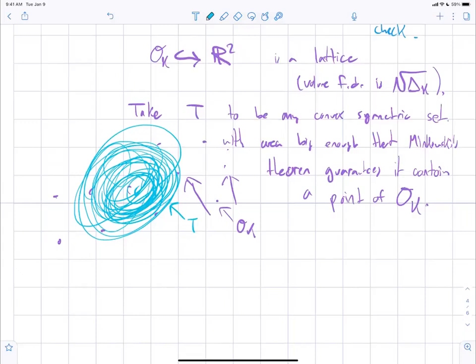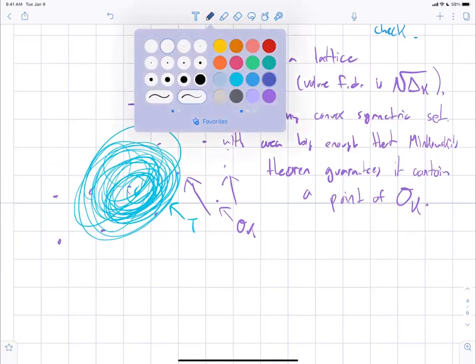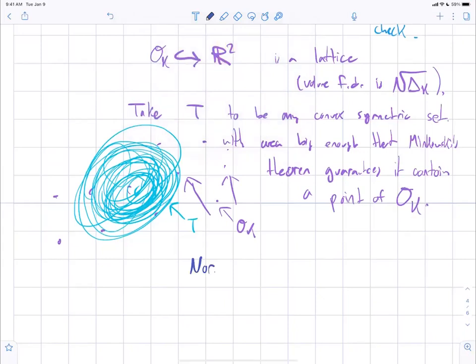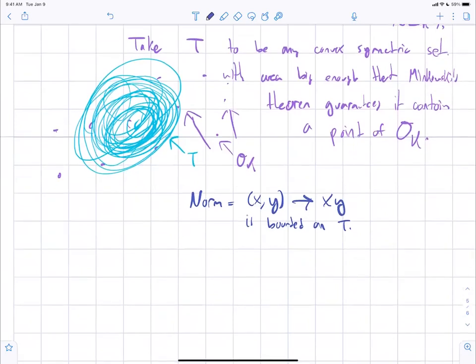Then let me observe that the norm, which in terms of R2 is just (x,y) maps to xy, is bounded on T, say by some number m greater than 0.